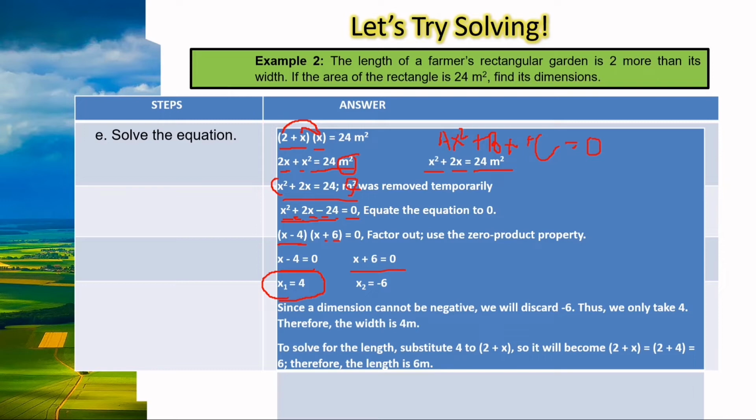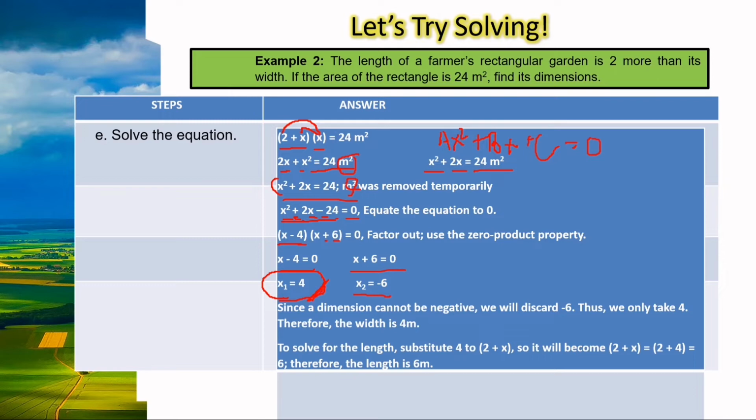The first factor that we have is 4, and the second factor is negative 6. We know that we don't have negative length. That's why we only take 4 as part of our solution and solve for the value of the length. Since we have represented the width as x, we already have the width.